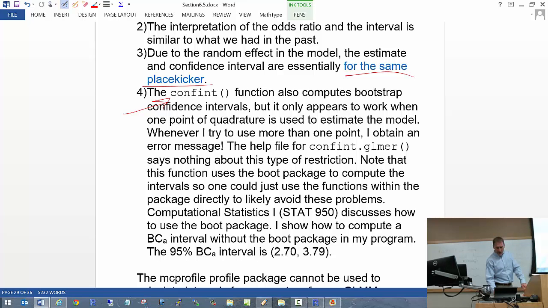So what I did was I included some code for how to do this calculation with 5 points of quadrature. And I get a BCA interval of 2.7 to 3.79. Now the actual formulas that are involved for this BCA interval, I think are a little bit beyond this class. If you want to know more about it, take Computational Statistics 1 in the future.